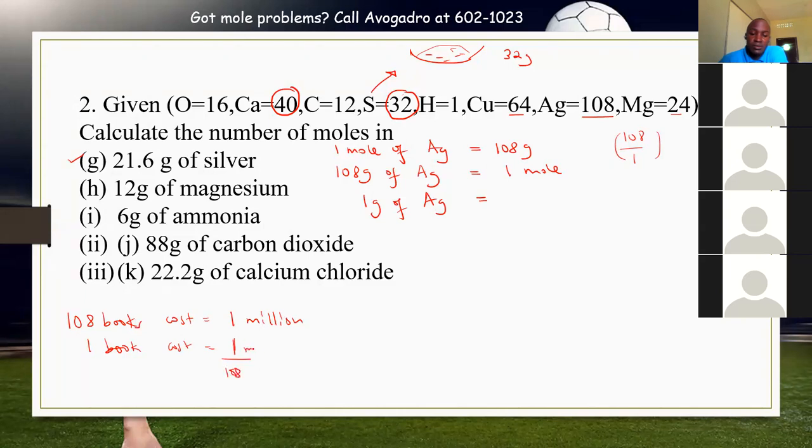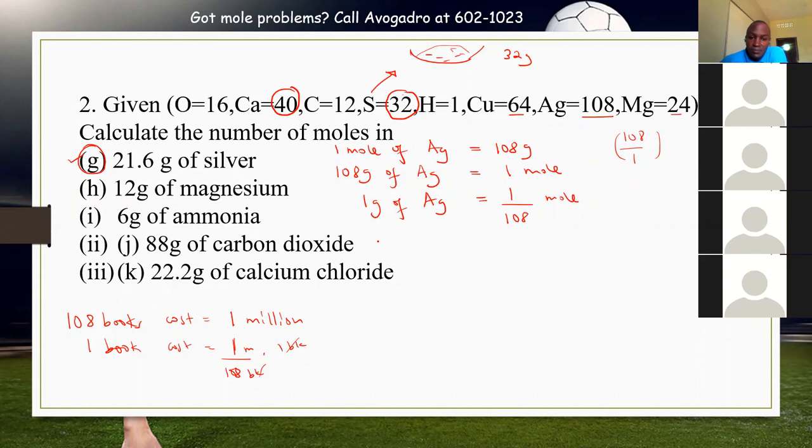Obviously, the 1 million divided by the 108 books times 1 book. So the books will cancel out. So in this case, we shall have our 1 mole divided by 108 times 1. So this is for 1 gram, sorry. However, they are asking for 21.6 grams of silver.